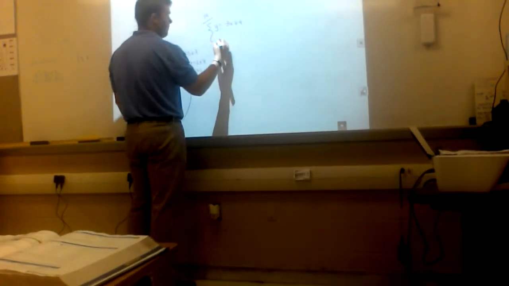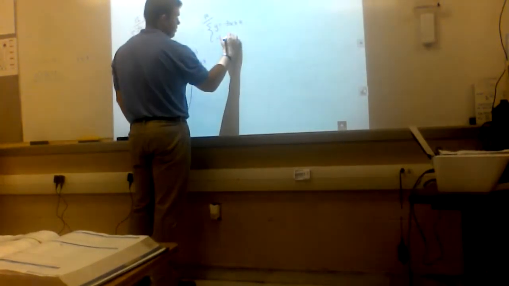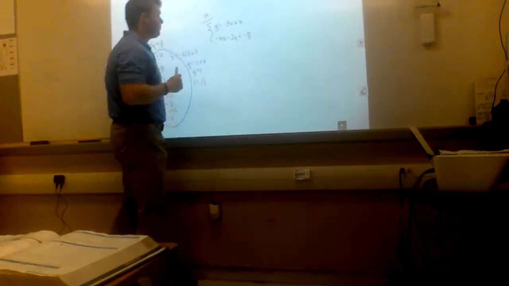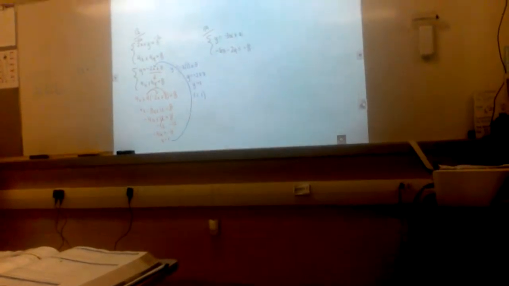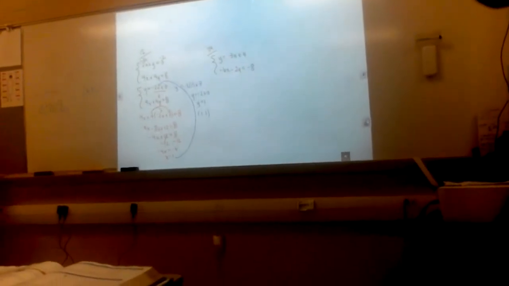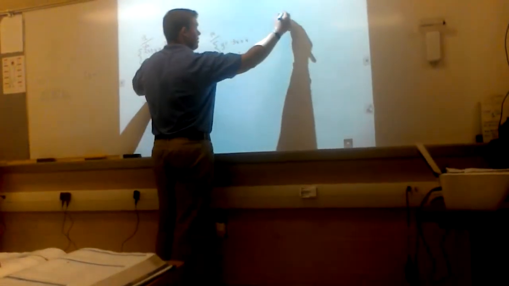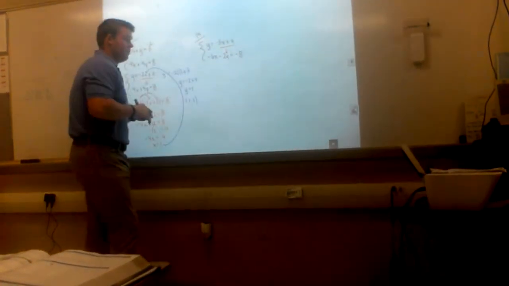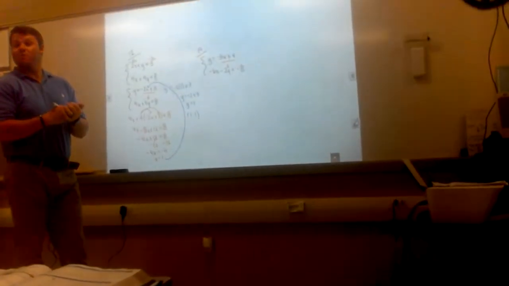All right. Negative 6x minus 2y equals negative 8. Okay. With this one, we already have an equation solved for a variable, correct? Agree with that? So I can take whatever this y is, plug it directly into the y. Agree? Yes.